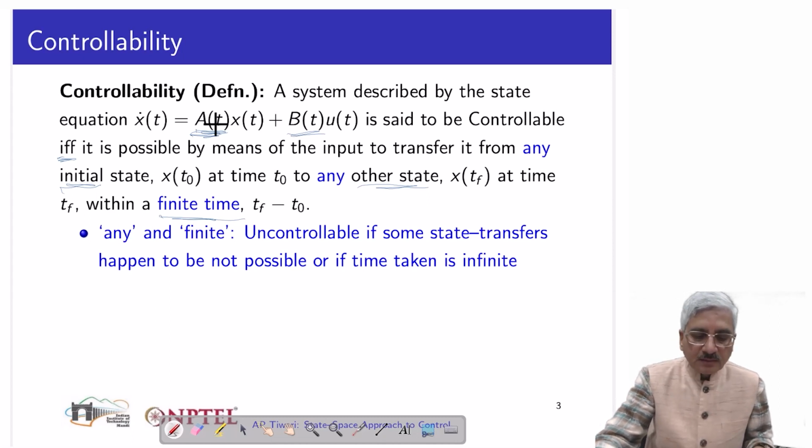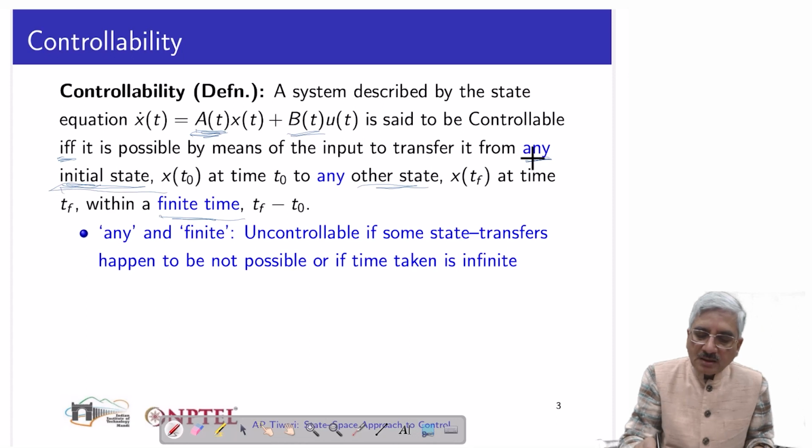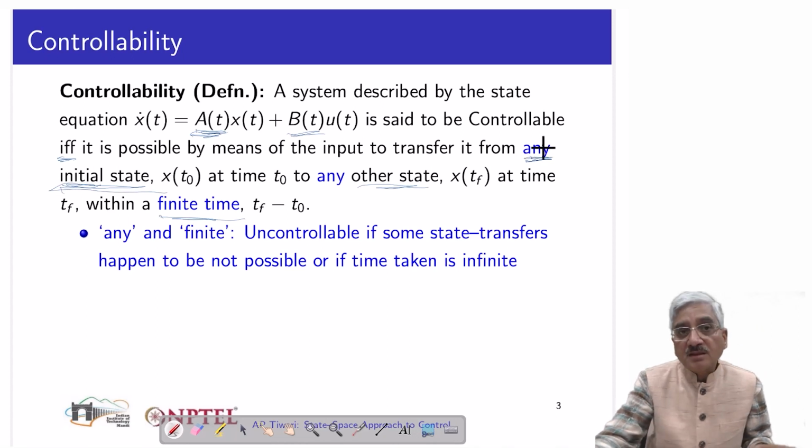The other thing is that these particular words, any initial state, the sense of any here is all. In the state space, the system can be at any particular coordinates at the given time t0.